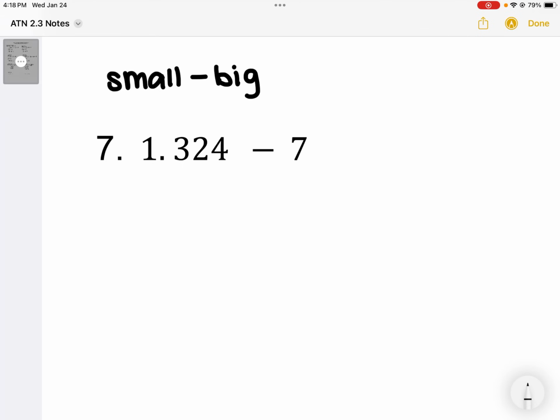The next thing I need to recognize is, are they same signs or are they different? In number 7, they have the same sign. They are both positives. Same sign means I do what the sign says. So same sign, that means I'm going to actually subtract.